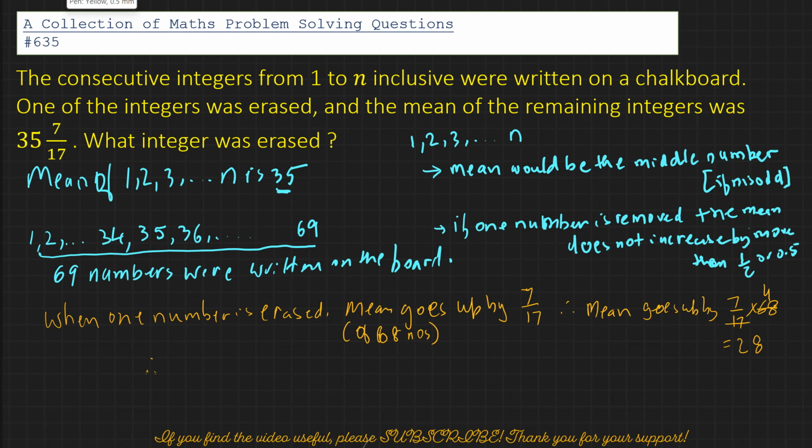So therefore, the number that was erased was 28 before 35. So the number that was erased equals 35 minus 28, and that is 7, and that is the answer. So what is the integer that was erased? And that is 7.